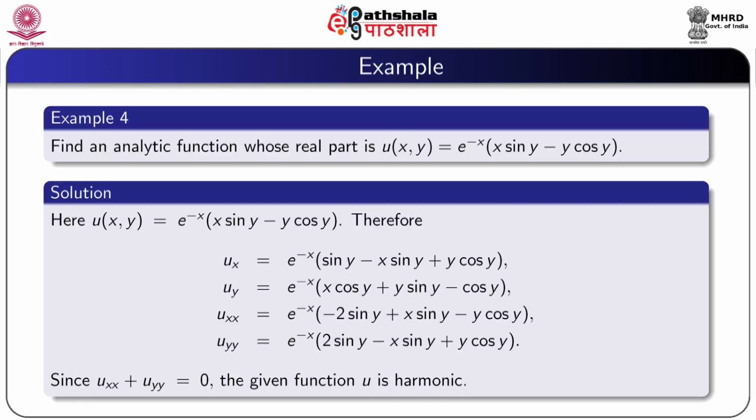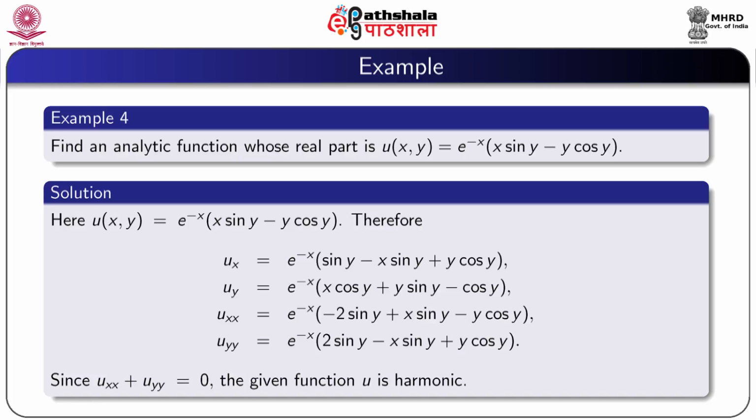Differentiating partially with respect to x and y separately, we get del u del x equal to e to the power minus x times sin y minus x sin y plus y cos y. Del u del y equal to e to the power minus x times cos y plus y sin y minus cos y.